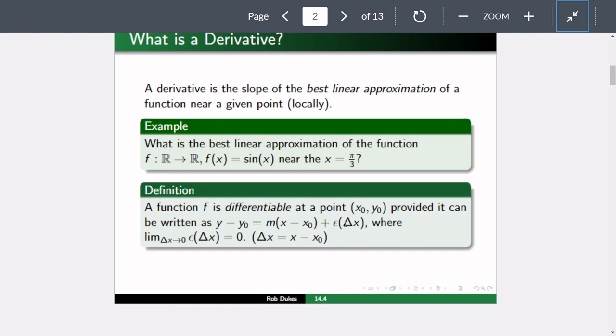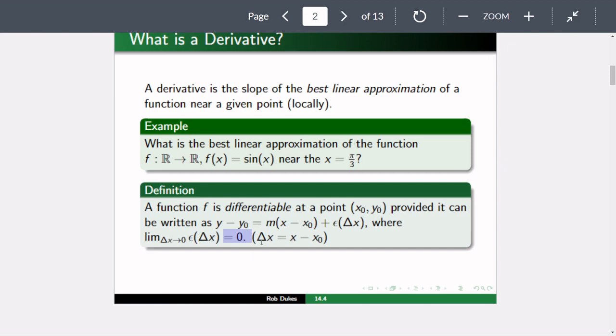So what this epsilon thing is, it's a correction. It's saying this first part here, that's a line, and it's not exactly the same as the function. We have this other function, which could be extremely complicated, that corrects it. But the limit when delta x goes to 0 of this is 0.